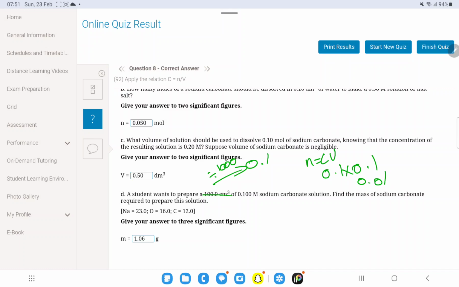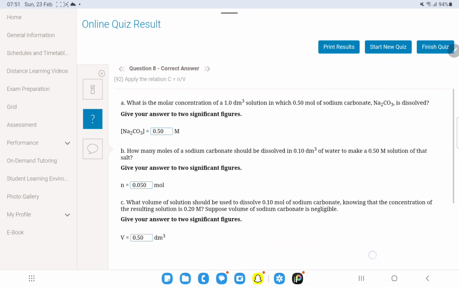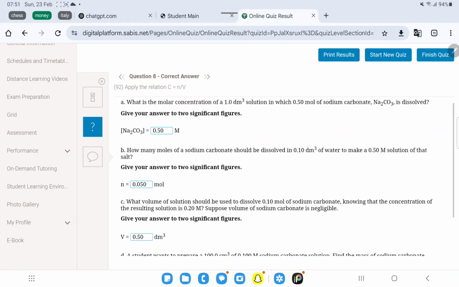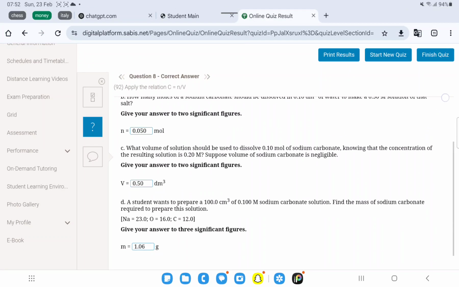Then you want the molar mass of sodium carbonate. If we go up, they give us the formula for it, Na2CO3. So we got the moles is 0.01 and the formula for sodium carbonate is Na2CO3.